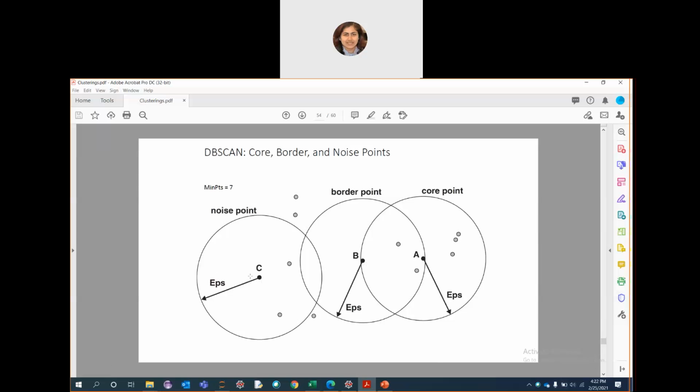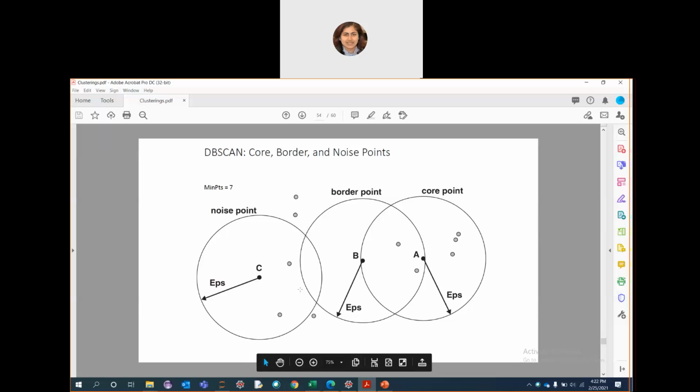Now the noise point C. Why do we consider C a noise point? C is considered a noise point because it is neither a core point nor a border point. It is not a core point because it doesn't have the specified number of min points within its own region.